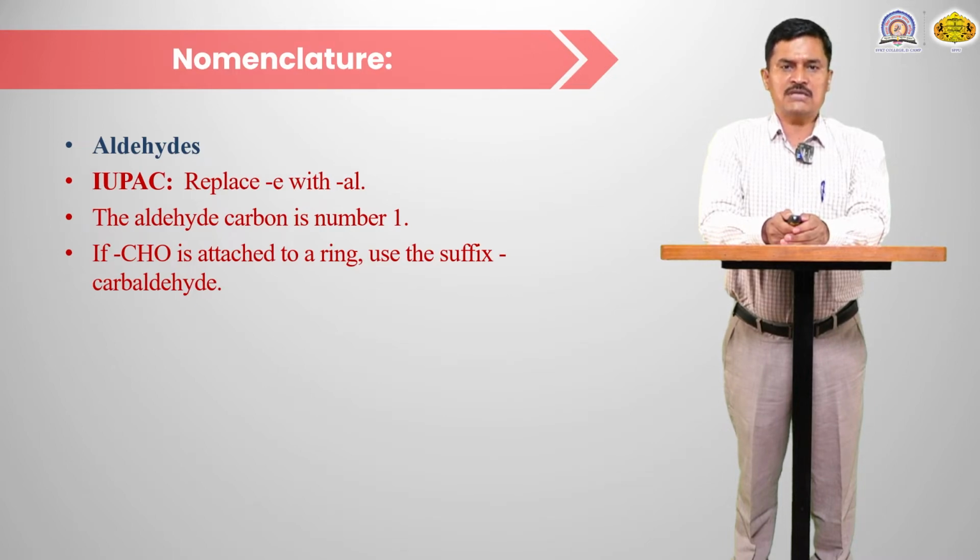So numbering must start from the carbonyl carbon in the case of an aldehyde, meaning the aldehyde carbonyl carbon must be present at a terminal position. If the CHO is attached to a ring, use the suffix carbaldehyde. That means if there is a ring and on that ring there is a CHO group, then the suffix used is carbaldehyde.